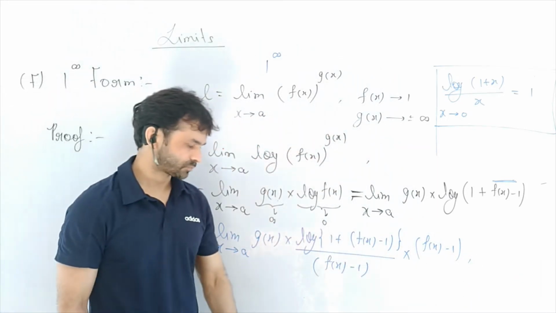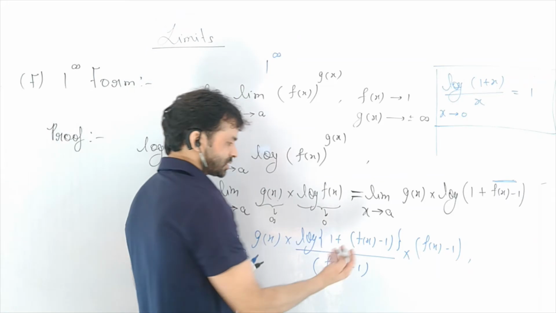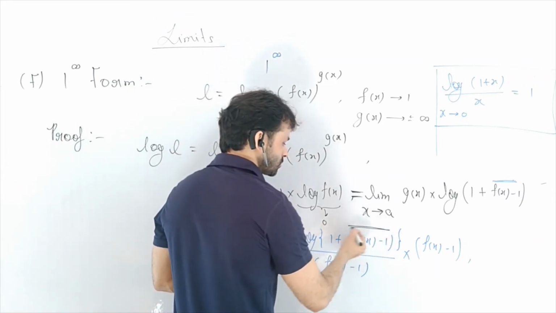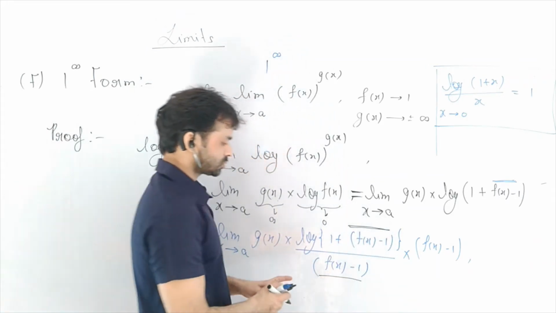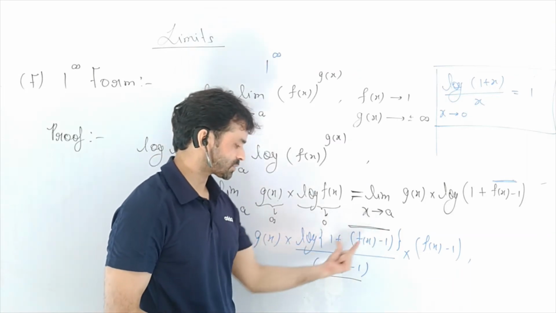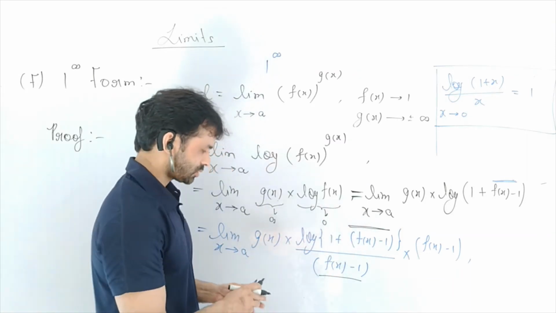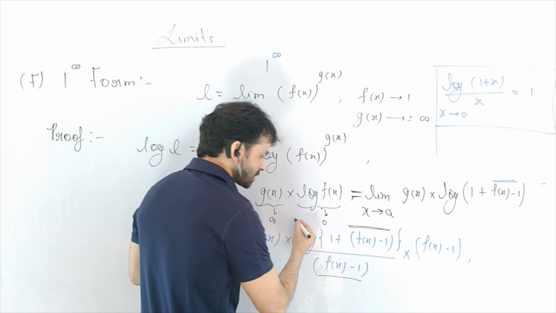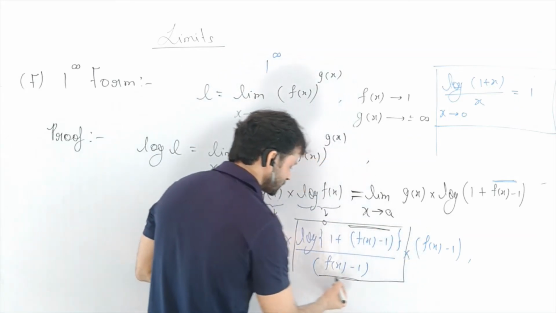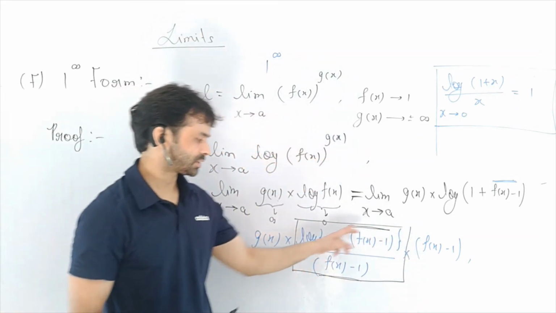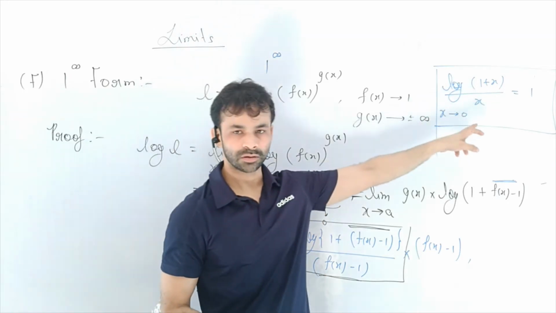This you have. Now this value is tending to 0, so it is similar to log 1 plus x by x, x tending to 0. So the limit of this part is 1.